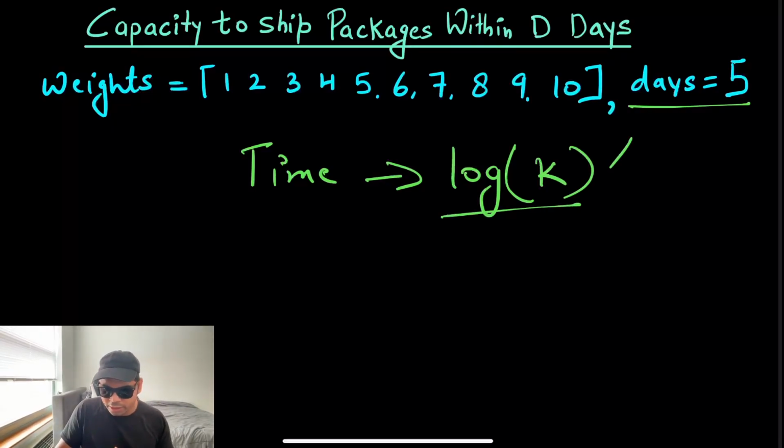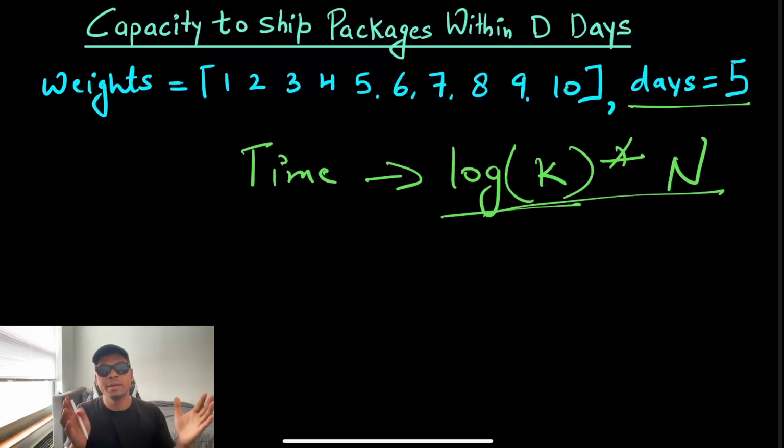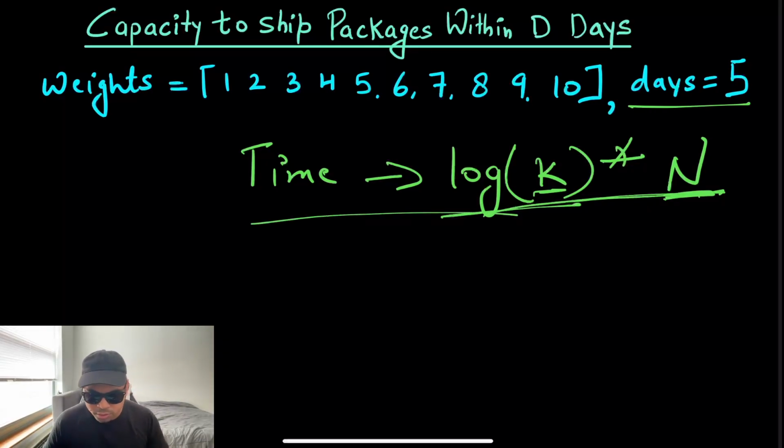Then for each capacity that you choose, you go through the entire weights array, let's say of size n, summing them up and grouping them together so that they are processed within days. You're calculating the number of days if you choose c as capacity within the range from 1 to k, trying to find the number of days it will take to process all the weights. So that's how you're doing it. So this is our time complexity, and space complexity is constant.